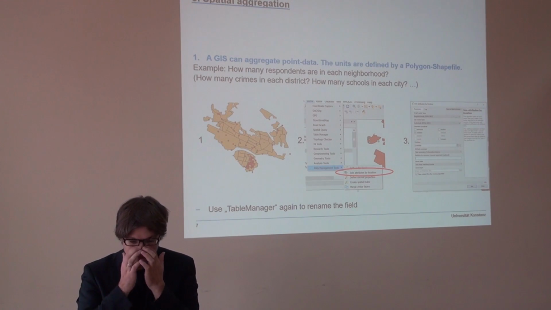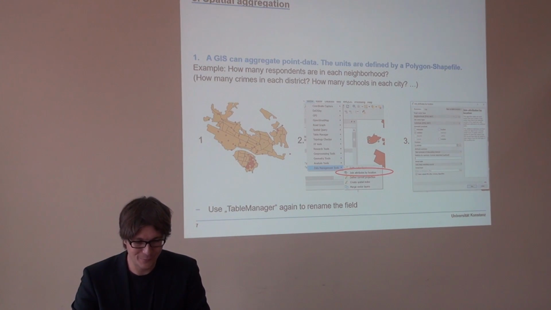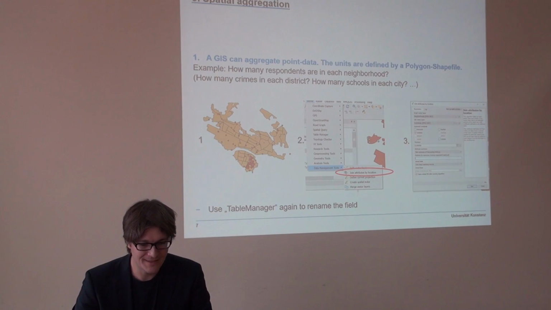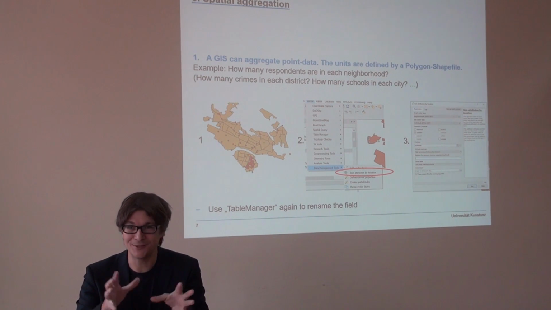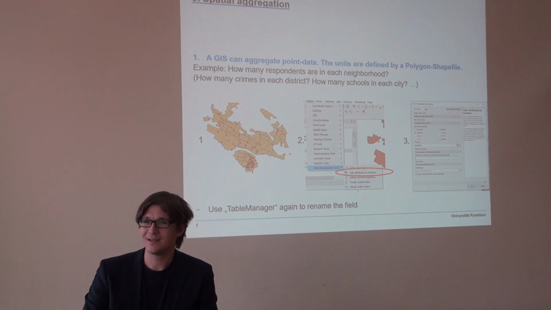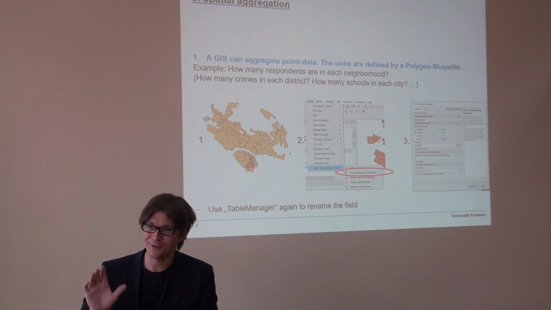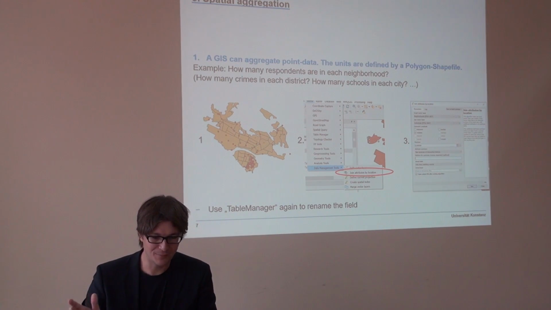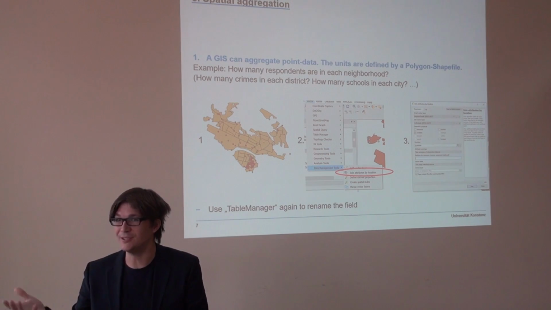The next thing we can do is aggregate data based on some spatial units. And the units have to be defined in a polygon shapefile. So for example, how many respondents are in each neighborhood.